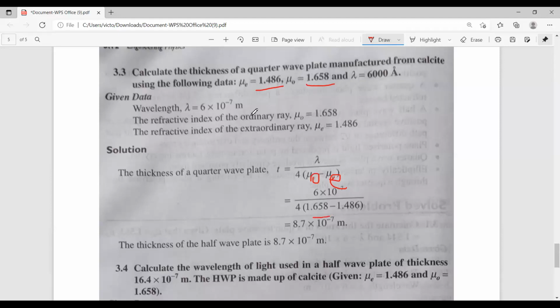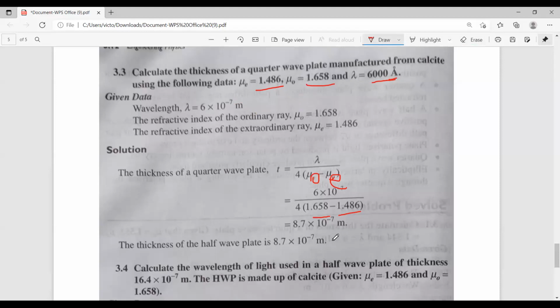So the μO value is 1.658, the μE value is 1.486 and the wavelength is 6000 angstroms. 1 angstrom is equal to 10 power minus 10 meters, so 6000 angstroms is 6 into 10 power minus 7 meters.